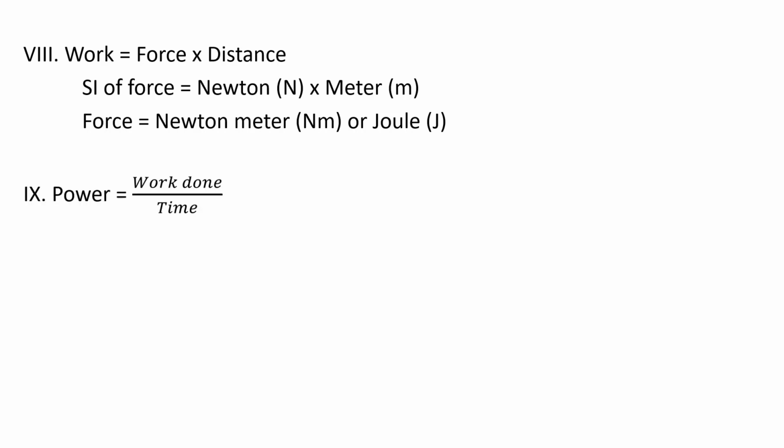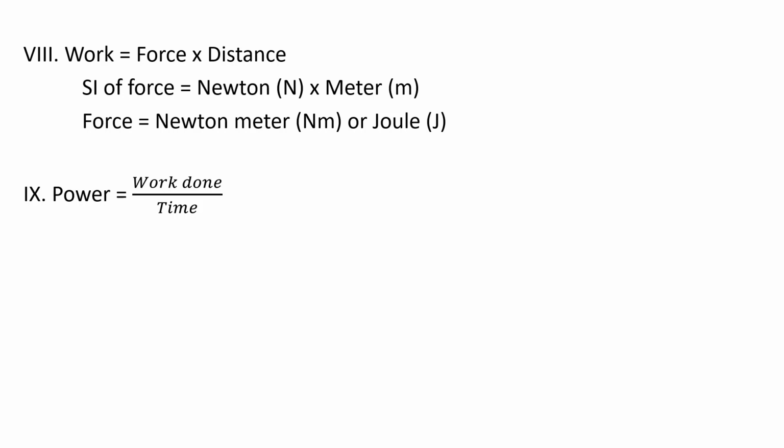Ninth is power. Power is work done over time. We just found the SI unit of work. We said its unit is what? Joule or Newton meter. And we already know the SI unit for time, which is second.